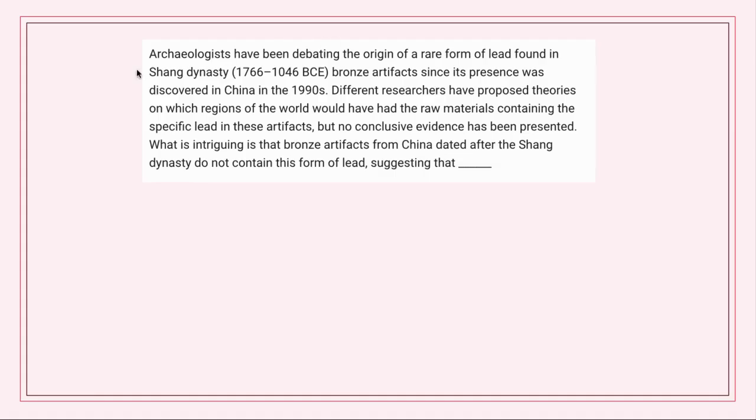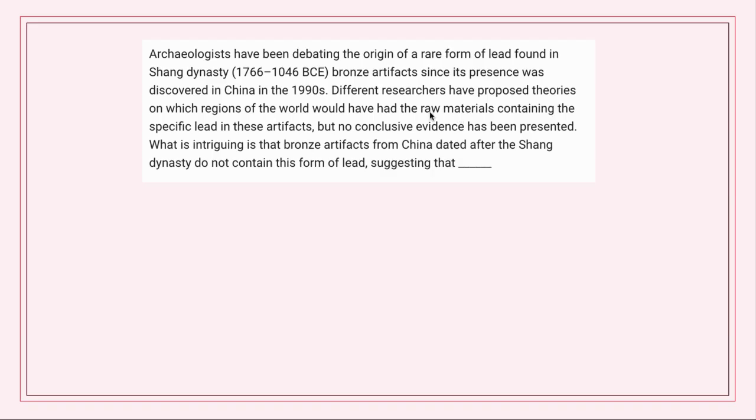So basically, during the Shang Dynasty, the bronze artifacts had this rare lead, and we don't really know where the raw materials that they probably used to make the bronze artifacts came from, because metals don't just exist purely. We have to use raw materials, and then from there we find the bronze and the metal. So, where the raw metal that contained this lead, which we used for the bronze artifacts, comes from, we don't really know.